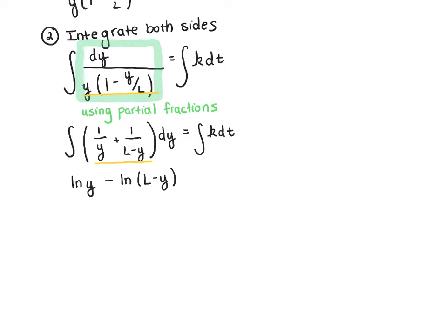And then the right-hand side is super simple, right? That's just going to be your kt, and then we'll throw our constant of integration on the other side, call it a day, and now the name of the game just becomes solve for y.